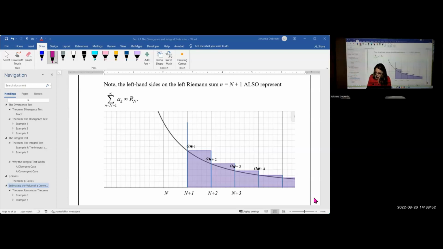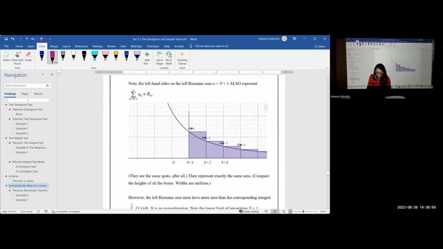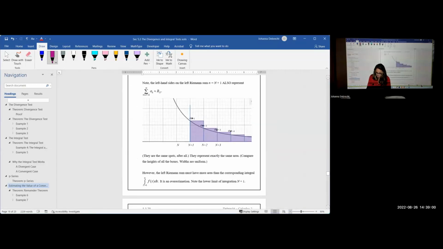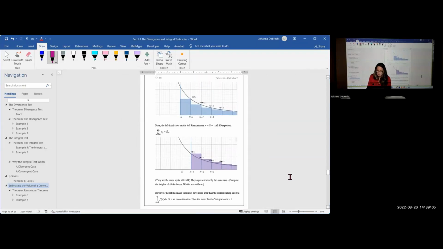So if we're looking at this, and I'm going to shrink up my page here so that we can see them on the same page. Do you see that it's using exactly the same point? It's not the same area, right? This is a left Riemann sum starting at uppercase n, or right Riemann sum starting at uppercase n.